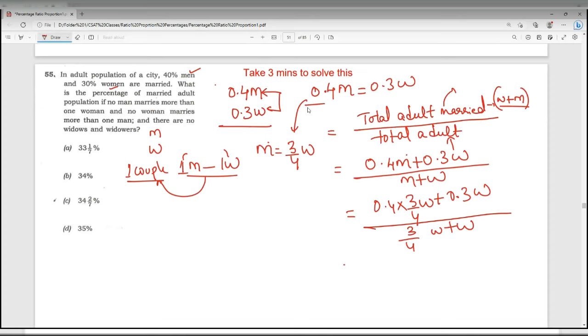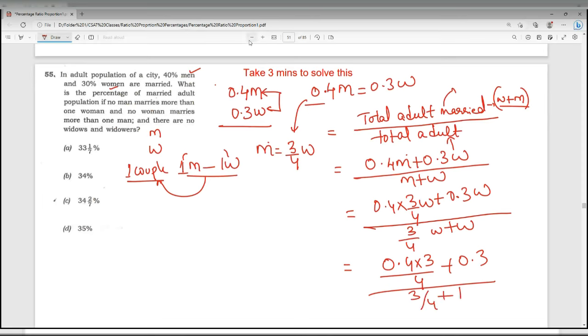If you take w as common, we have 0.4 into 3 by 4 plus 0.3, divided by 3 by 4 plus 1.